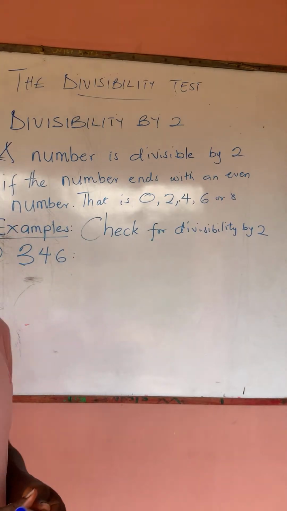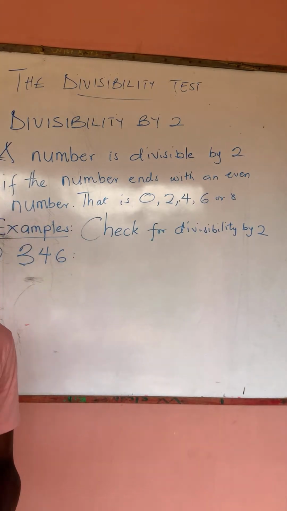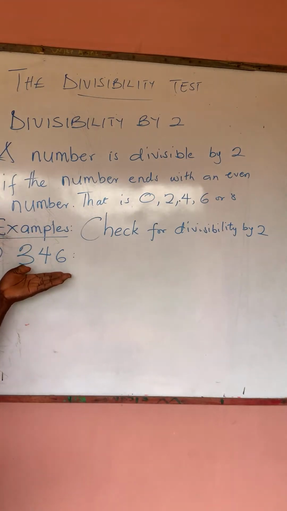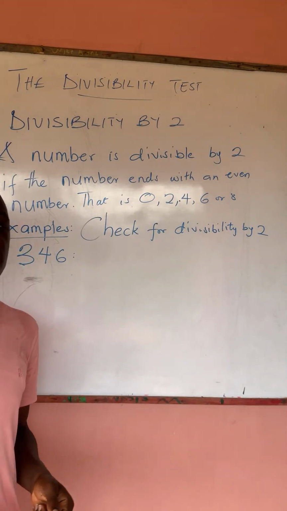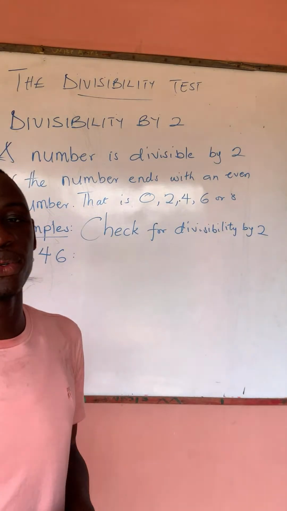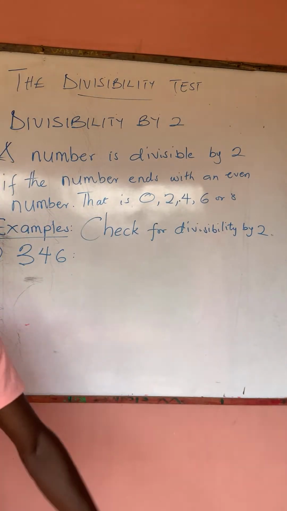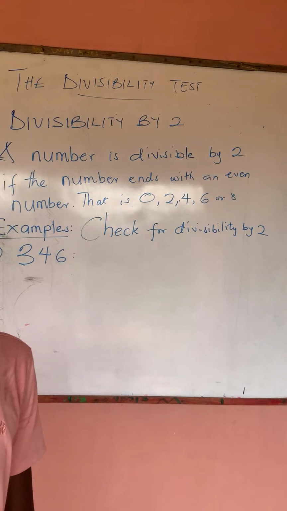Alright, so we have our first example, which says, check for divisibility by 2. The number is 346. Is this number divisible by 2? Please write the answer in the comment section. If it's divisible, just write divisible by 2.